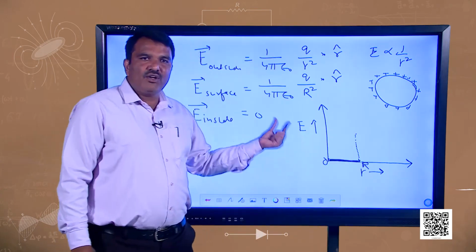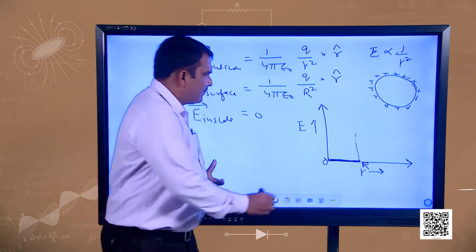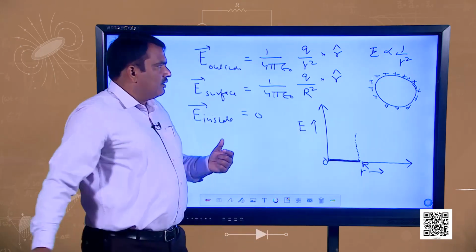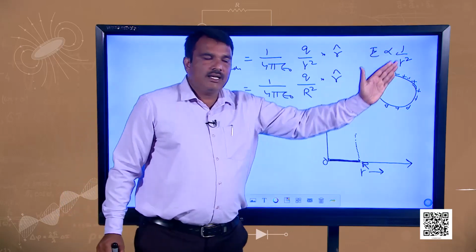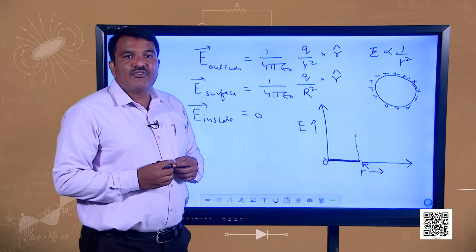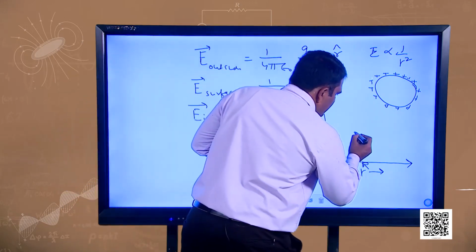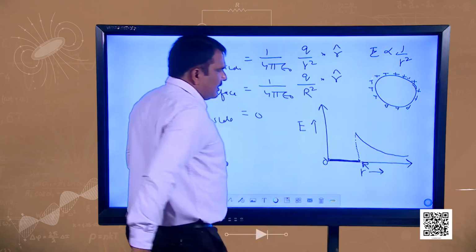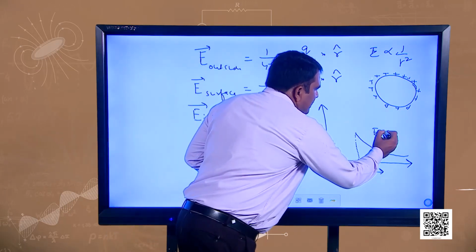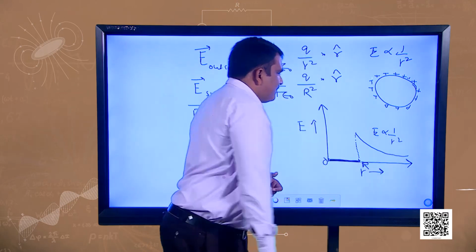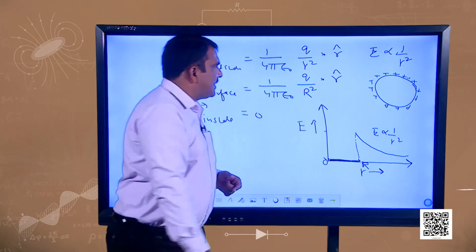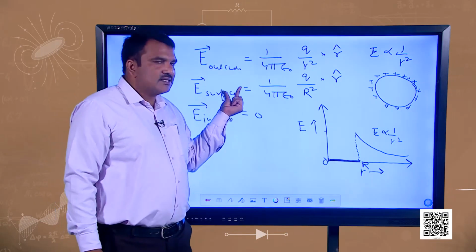Suddenly, the electric field on the surface acquires this value, and after that, when we go outside the cell, electric field varies inversely as the square of the distance of the point from the center of the cell. So, the graph will go like this as a rectangular hyperbola. For outside, electric field is inversely proportional to r square, and this point gives the value of electric field which is on the surface of the cell.